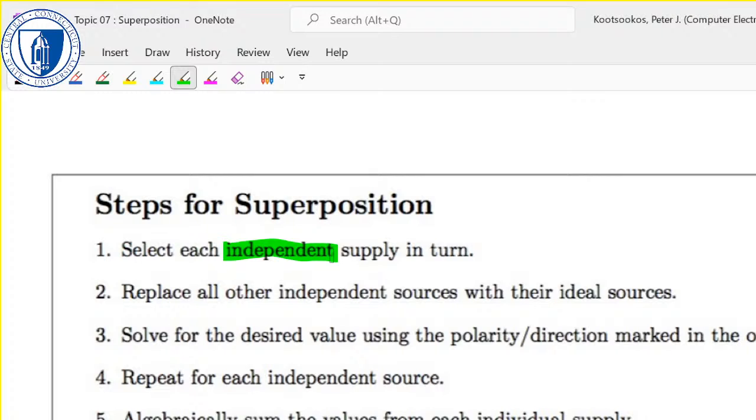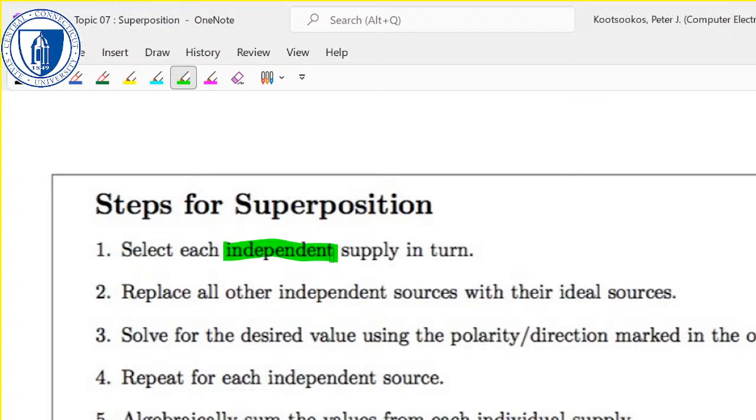Then you can just analyze the circuit using that single source and solve for whatever you need to solve for in the original problem. Then you go back and you select another one of the independent sources and you do the same thing again.